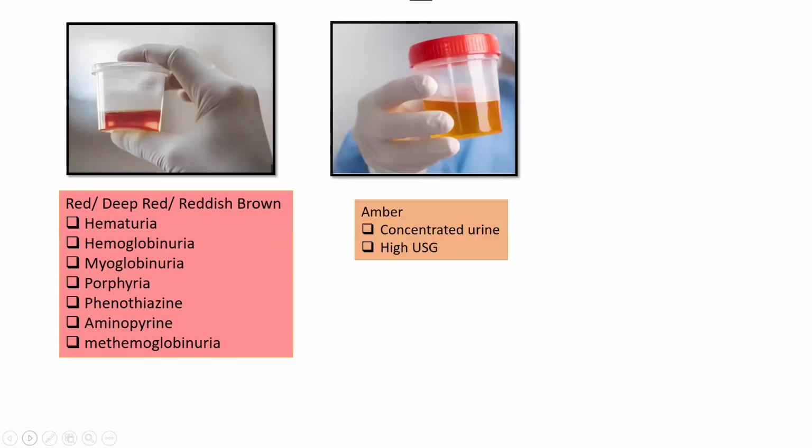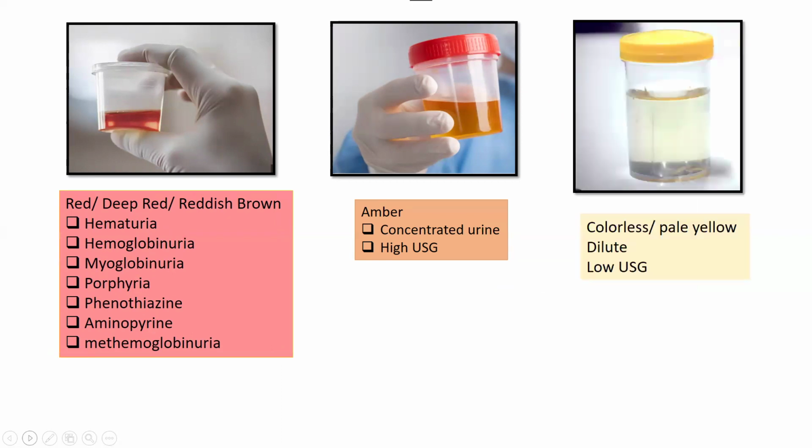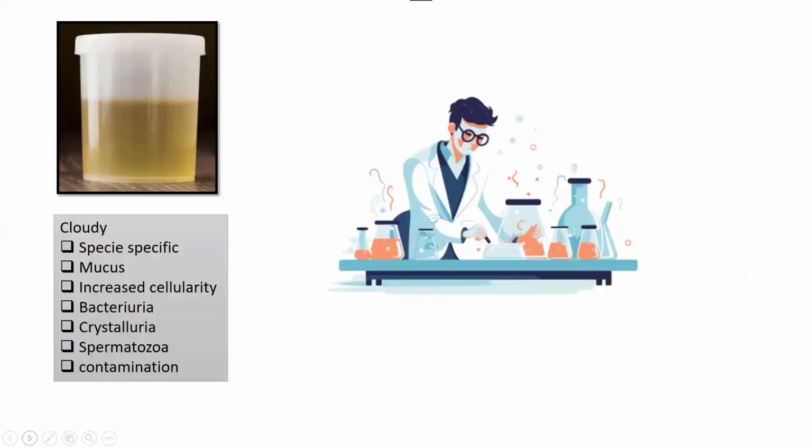Next we have amber color. Amber color represents concentrated urine, or high urine specific gravity. Next we have colorless or pale yellow urine. This color represents dilute urine or low urine specific gravity. Next we have cloudy urine.